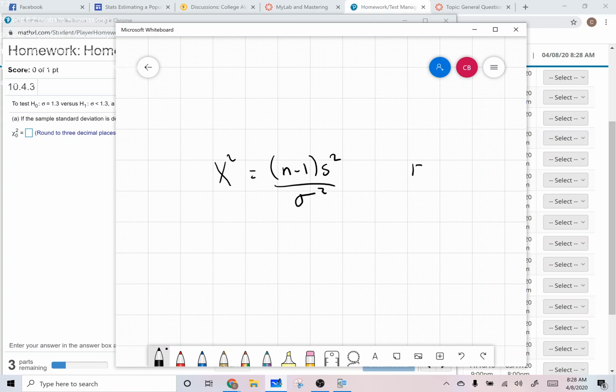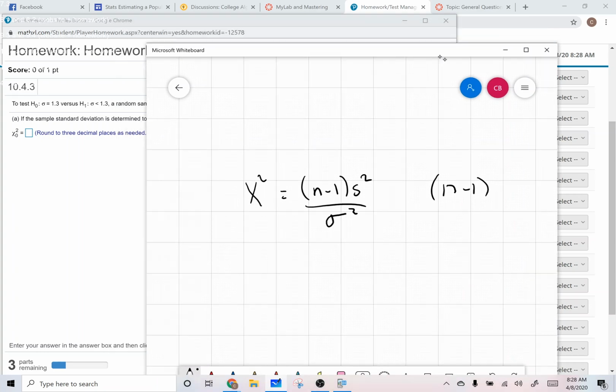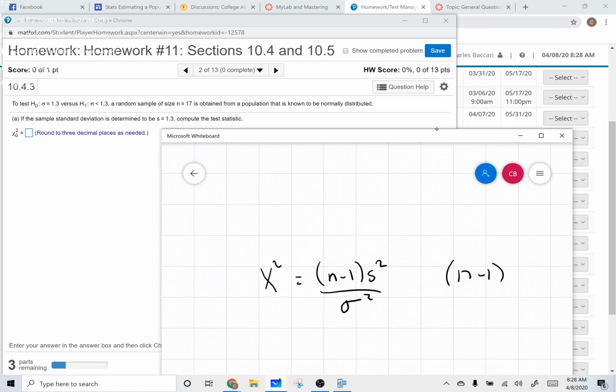So we've got 17 minus 1, and they tell us right here s is 1.3. And sigma from above is also 1.3. That's strange.